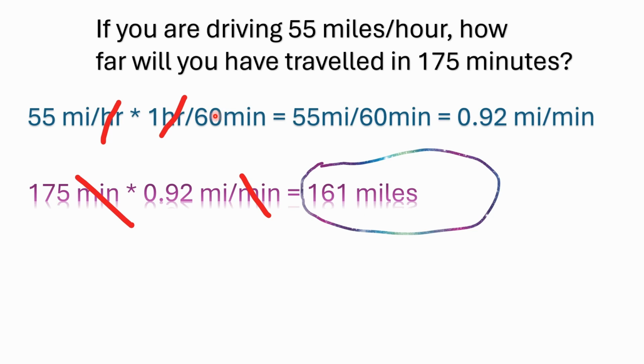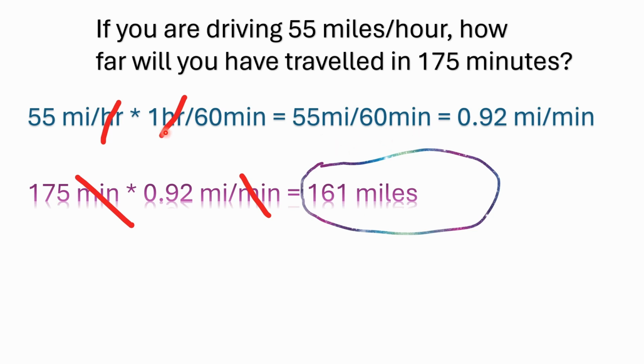So we're multiplying this by something we can use to convert from hours over to minutes. The hour in the numerator will cancel out with the hour in the denominator over here. That's why I have the slashes in here, which leaves us with 55 times 1. Our new units will be miles divided by 60 minutes.